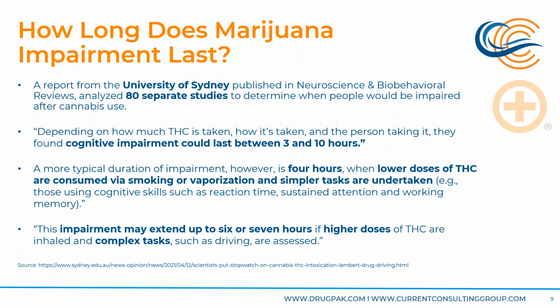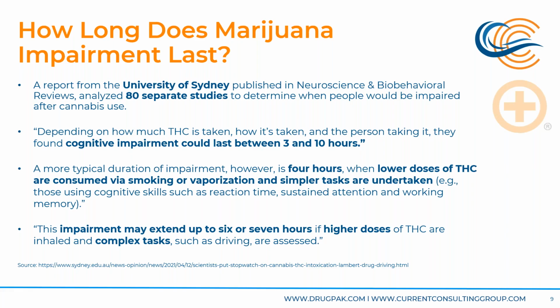Now, there's a lot of talk nowadays about the impact of marijuana impairment. If you go online and look up marijuana impairment, how long does it last, what causes it, and so on, you'll find tons and tons of information out there. But the one that really stuck out to me was a report done out of the University of Sydney. This was just a few years ago, where they looked at 80 different studies from around the world on cannabis impairment.